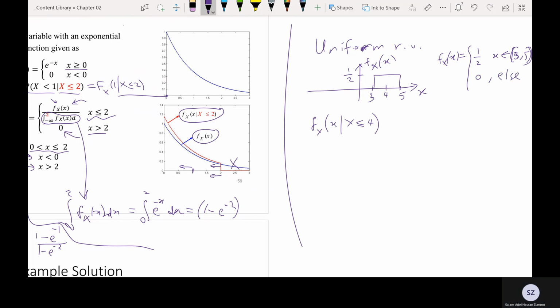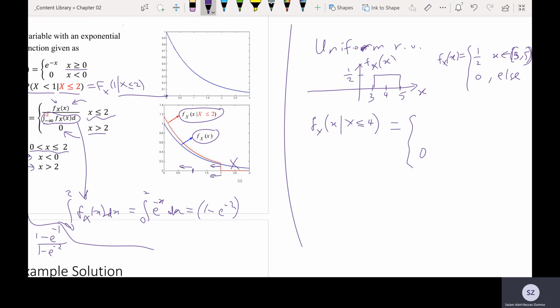So now what is f of x given x less than or equal to 4? Is it half between 3 and 4? Now I already know that x is less than or equal to 4, so I ask myself what is the PDF of x. If x is 3, can x be larger than 4?